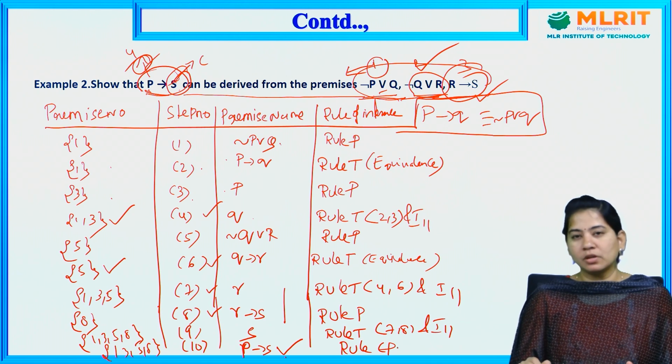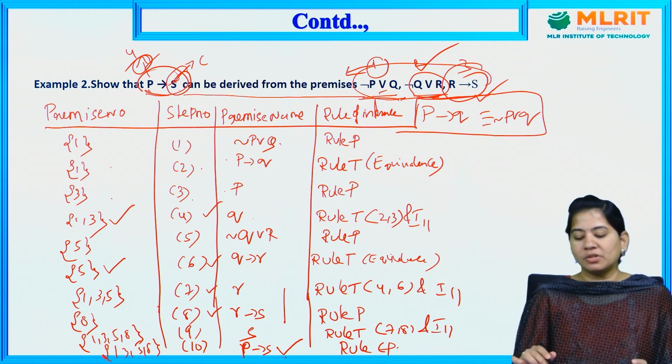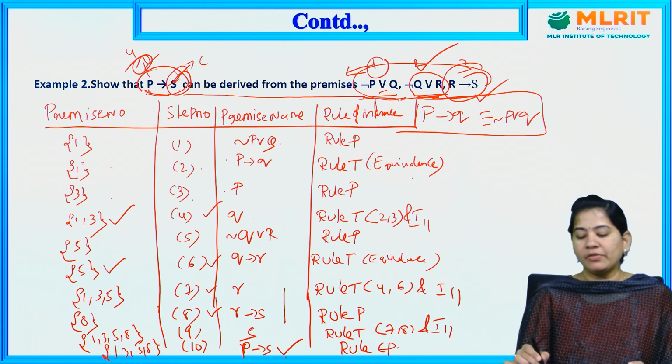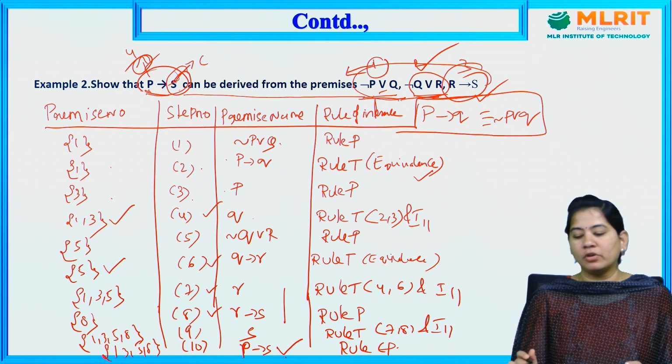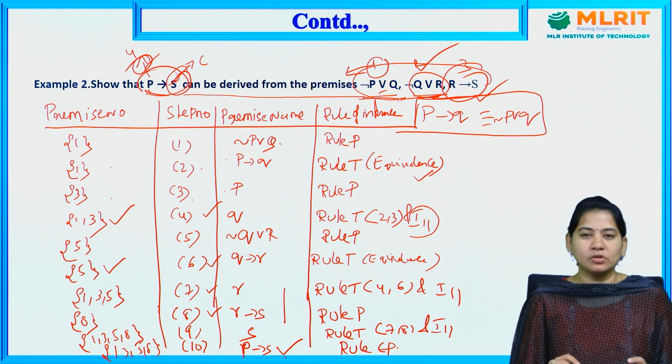And in the rules of inference, you have to include rule CP. Now if you observe carefully the total procedure of this question, we have used only equivalence formula, that is standard formula, and we have used only I11 formula, modus ponens. With these two formulas, we have solved the problem here. So like this, we need to solve.